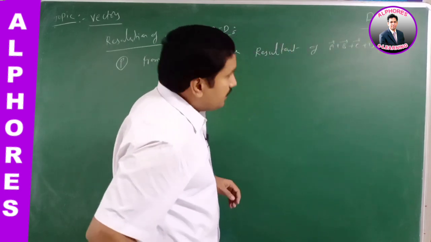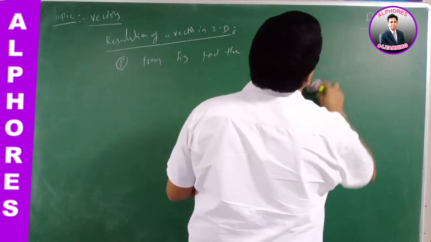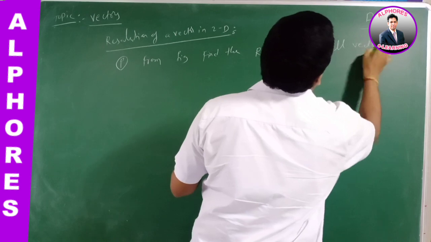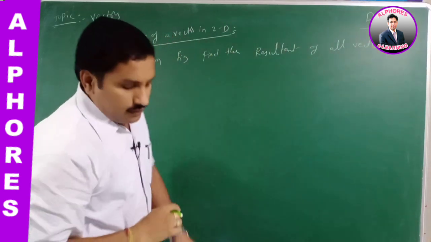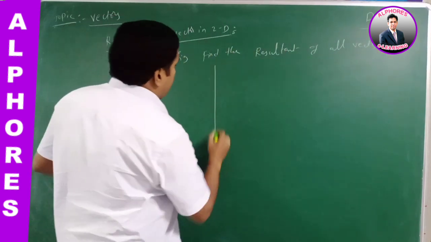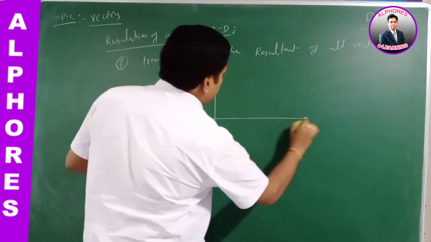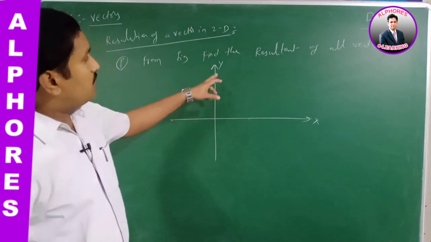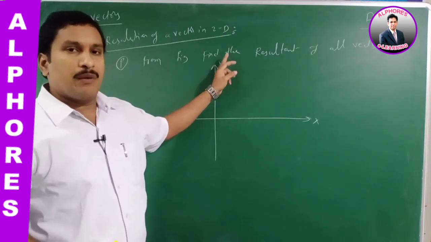That means the resultant of 4 vectors I am taking, the resultant of all vectors. So in this diagram I am giving in this way. Please all of you students try to solve this problem by taking a proper pen and book.